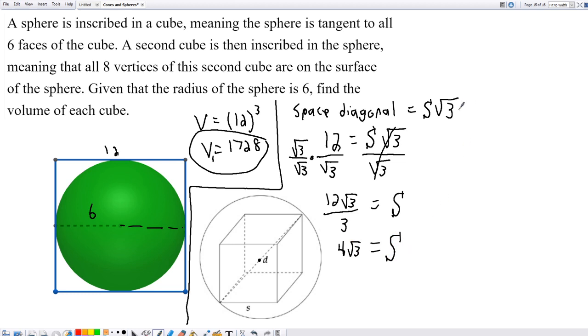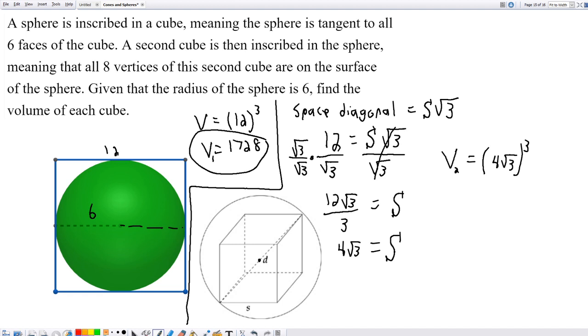So from there, to get the volume of the second cube, that would just be, again, the side length to the third power. And so that's 4 to the third power times the square root of 3 to the third power, which, well, 4 to the third is 64.